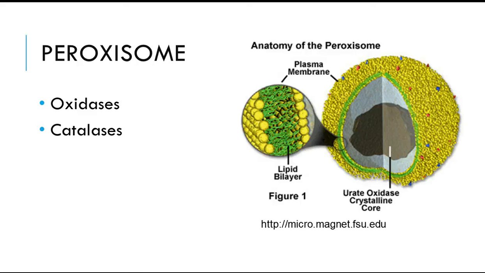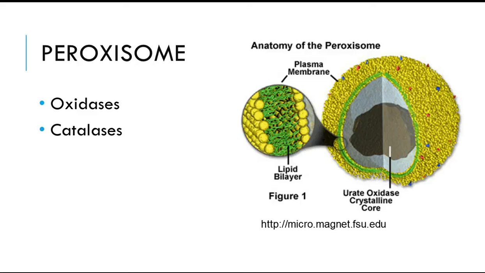Have you worked with hydrogen peroxide before at your home? What happens? Bubbles. Very reactive, right? So we really don't want to have all of that going on inside of a cell. As soon as that hydrogen peroxide is made, catalases do what to the hydrogen peroxide? Split it apart. Into what? H2O2 could be broken into water and oxygen.